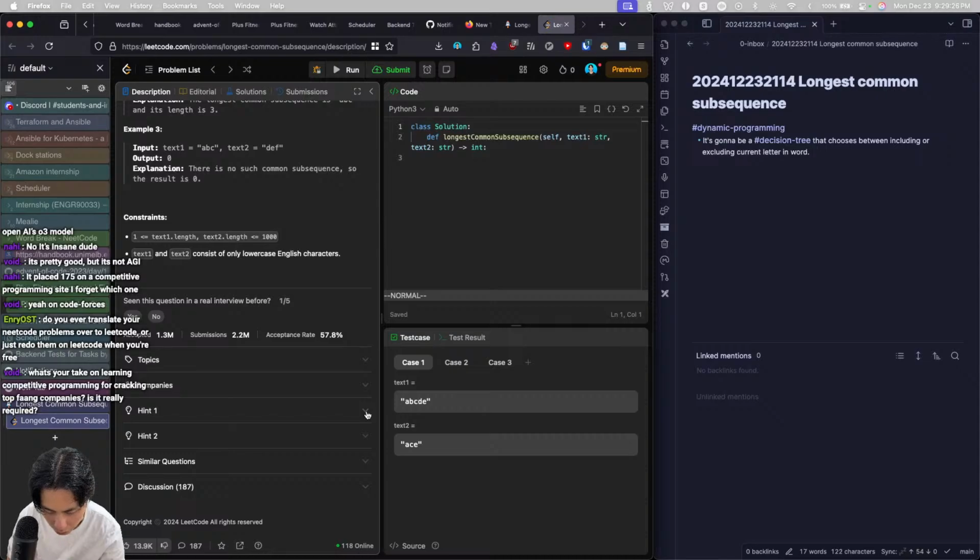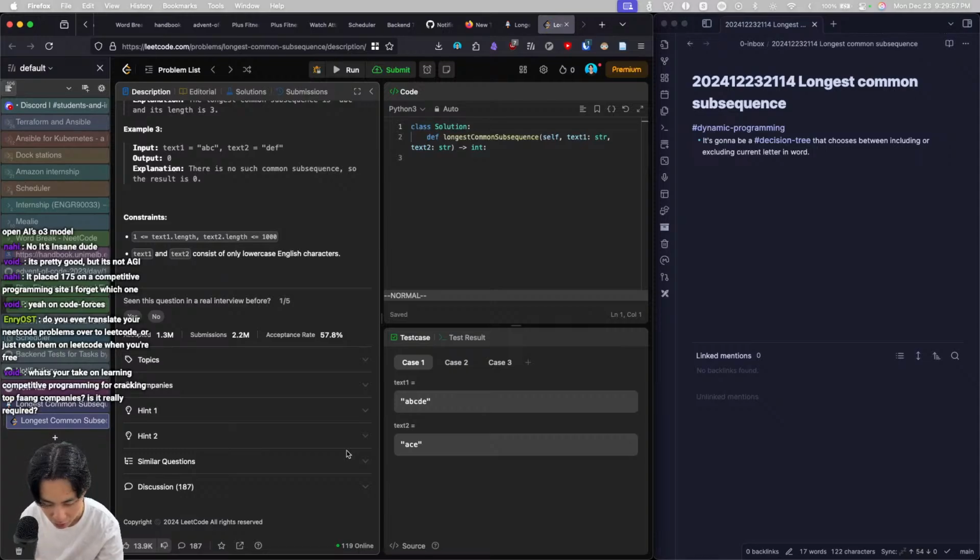Do you ever translate your LeetCode problems over to LeetCode or just redo them on LeetCode when you're free? Usually I just copy and paste the LeetCode problems to LeetCode. So yeah. What's your take on learning competitive programming for cracking top FAANG companies? Is it really required? No, I don't think it's required. I don't consider myself as learning competitive programming right now.